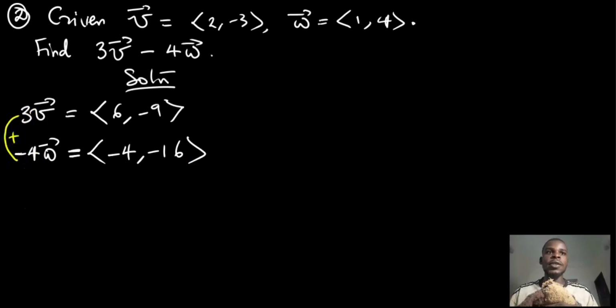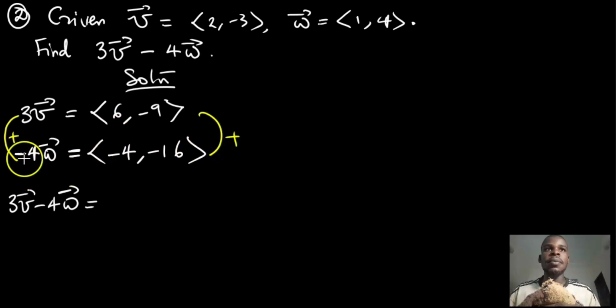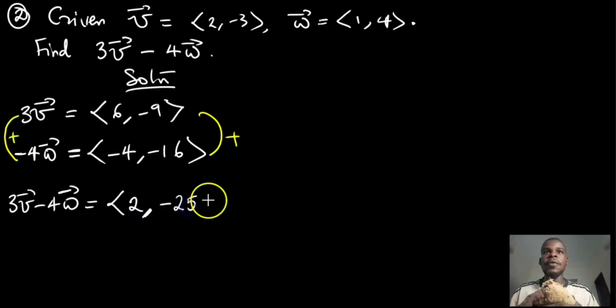So 3v minus 4w, what is the sum of this and that? Because of the minus in between, that will give us 6 plus this entry, that should be 2, and then negative 9 plus this entry, that should be negative 25. So this right here is the result.